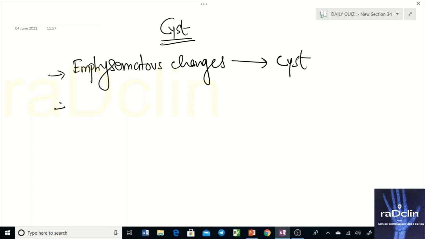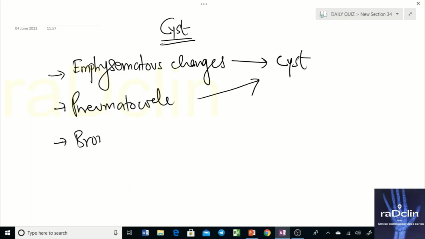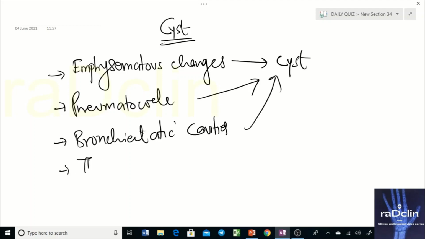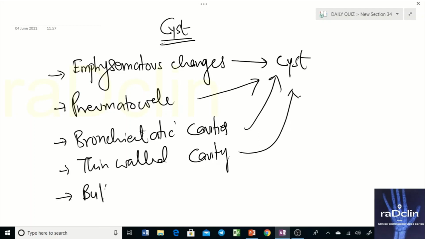If patient has pneumatocele, they can also appear like a cyst. If patient has bronchiectatic cavities, they can also appear like a cyst. Patient has a thin walled cavity, they can also appear like a cyst. Okay, if patient has a bulla, that can also present like a cyst.